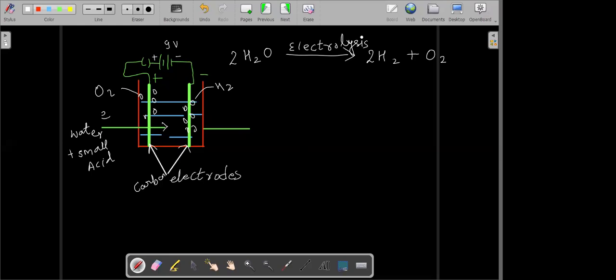So this was the electrolysis of water. Will everyone be able to remember the reaction and the process?